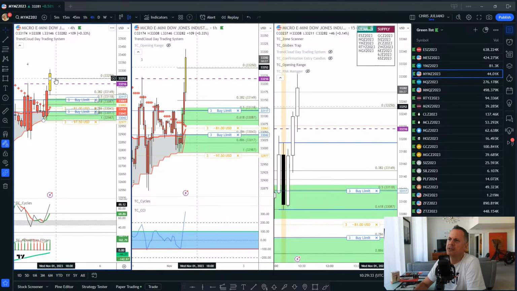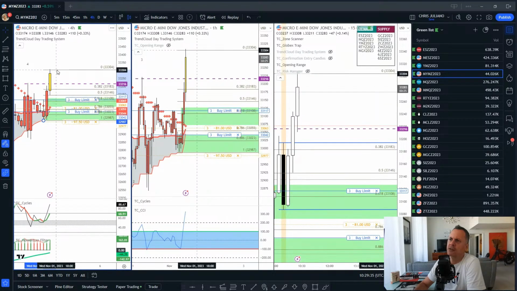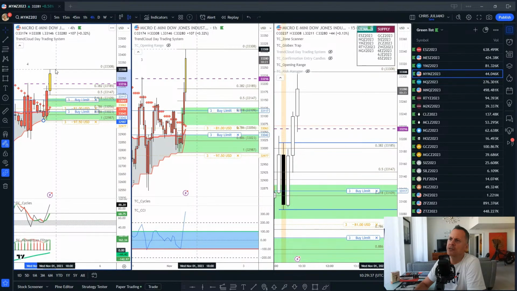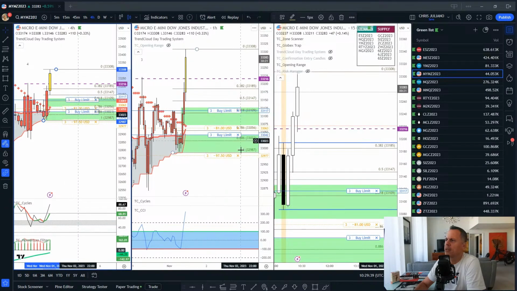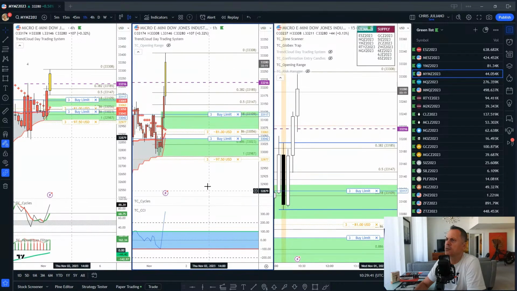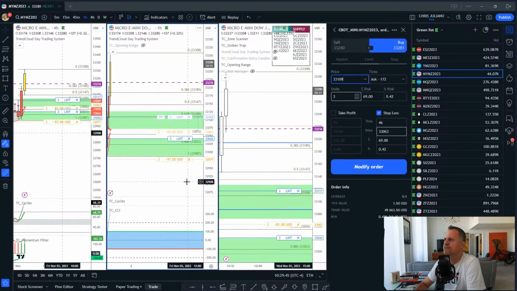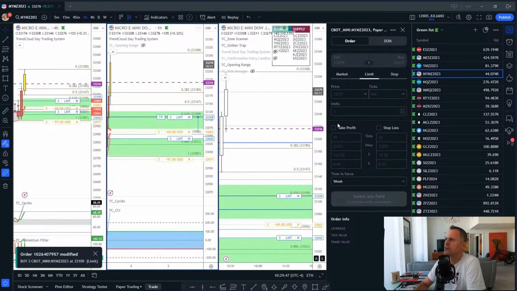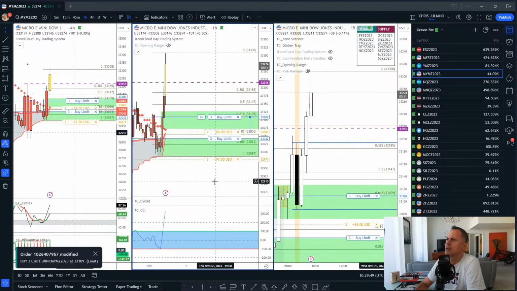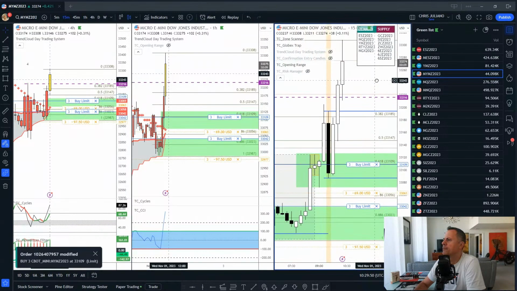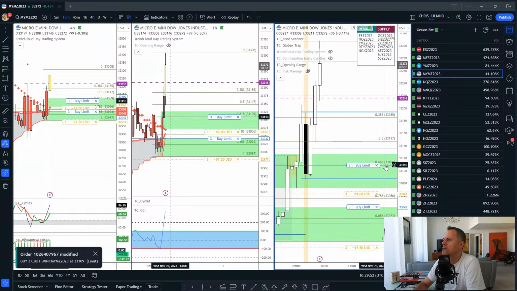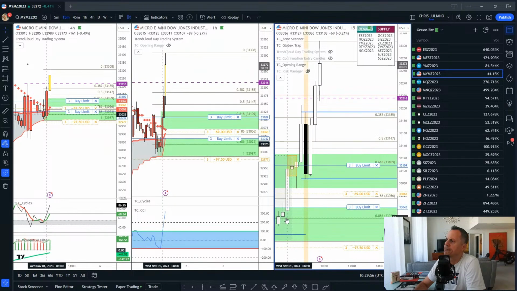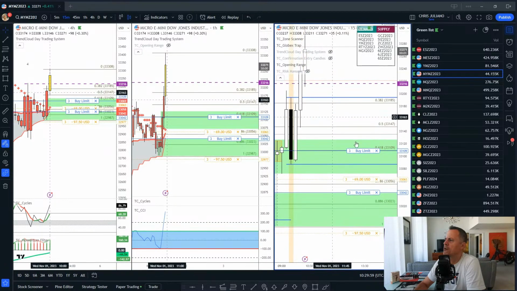Okay, so we've got nice break above here. Now we can move our Fibonacci tool to there, get a better representation of what's going on here, right? We can pull that back to here now, reduce our risk even more. 618 retracement level. That's the golden ratio. Right in the zone.